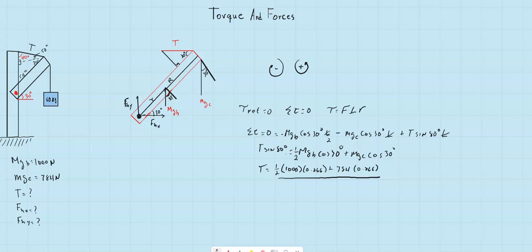I don't remember what sine of 80 degrees is right now, but your tension will be equal to 1,129 newtons. So we just found the tension, 1,129 newtons.